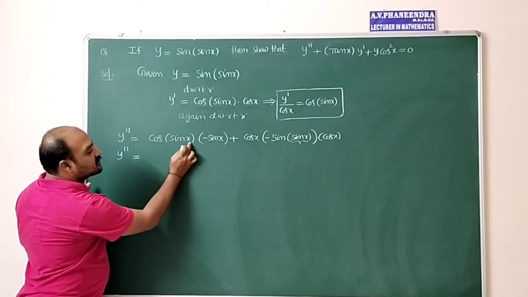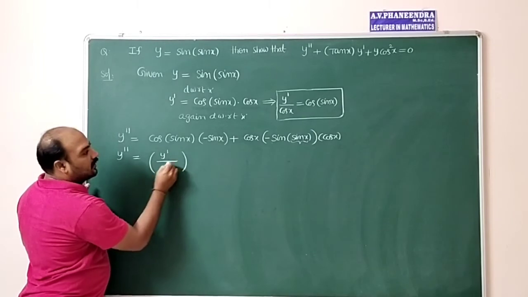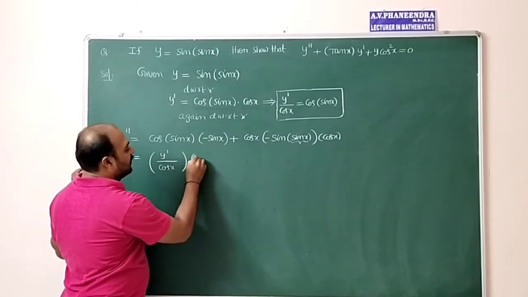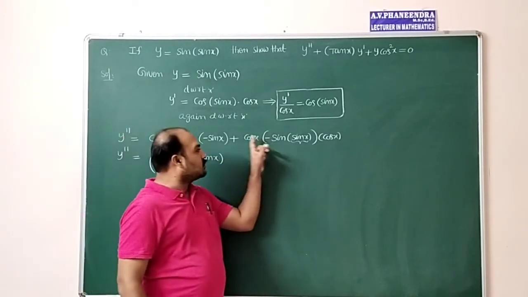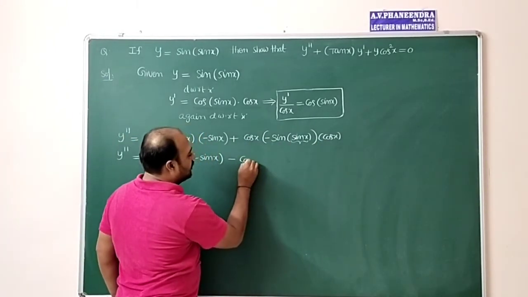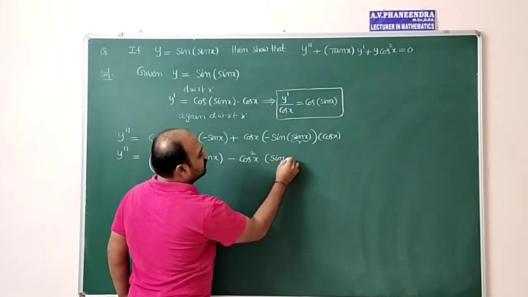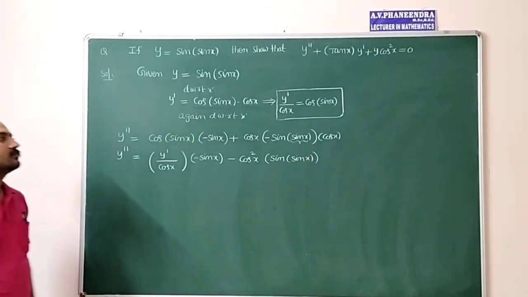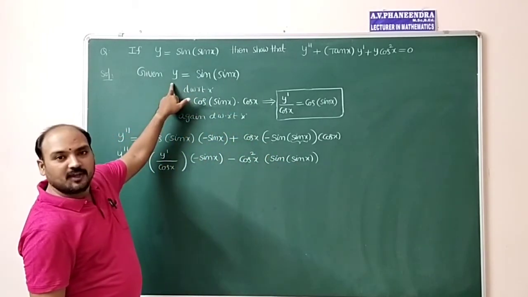In place of cos of sin x you have to write y dash divided by cos x into minus sin x, minus into plus is minus, cos x into cos x, cos square x into sin of sin x. Sin of sin x means what? Y from the given.